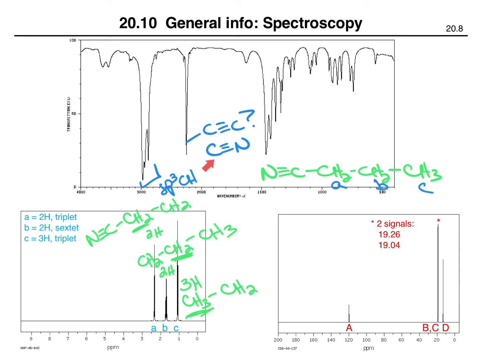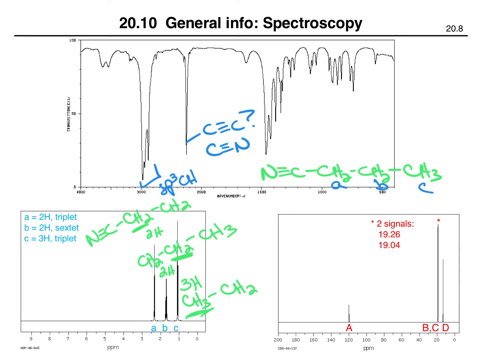Now remember, from IR, we couldn't really tell if it was an alkyne or a nitrile. If this was a terminal alkyne, then number one, we would see an alkyne hydrogen in NMR. If it was an internal alkyne, then we would have multiple signals around 2.5 ppm because we would have groups on either side of the alkyne.